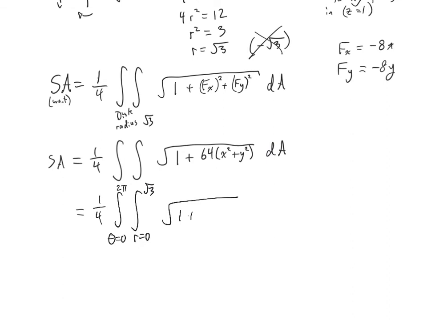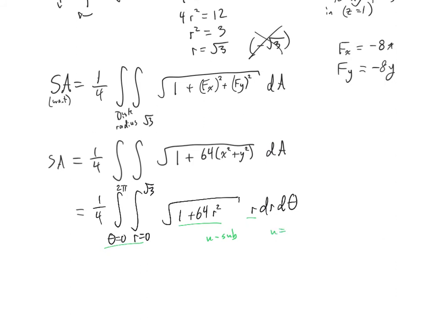The integrand is the square root of 1 plus 64r squared, r dr d theta. That's where I'm going to stop the problem, because from here on out I can do an easy u-sub to integrate r, and then all of the terms have constant bounds. So we're basically done.